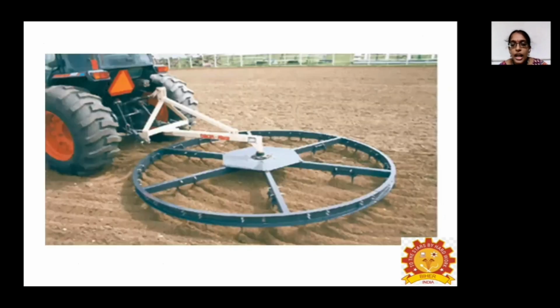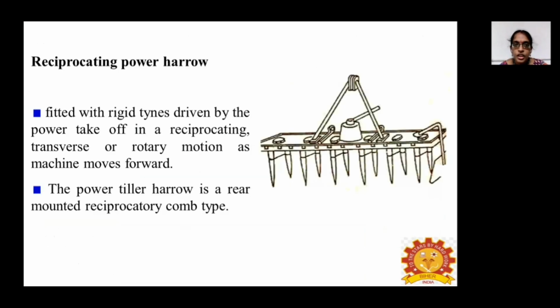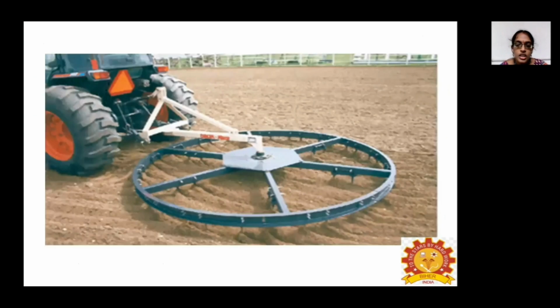Sorry, this one is about the power harrow, the reciprocating harrow.